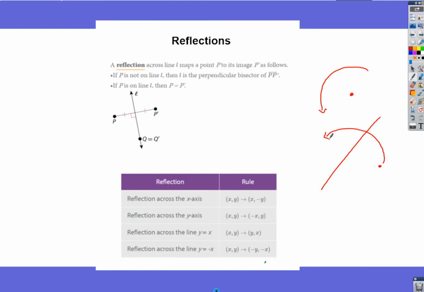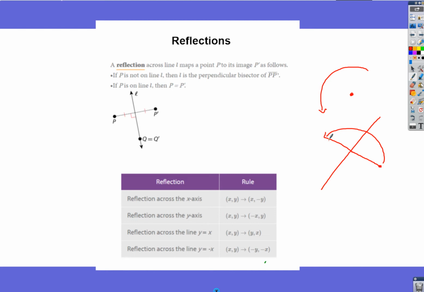And when you flip a point over a line, the perpendicular distance between the pre-image and the image, wherever that point started and wherever that point ended up, should be equidistant from that line.